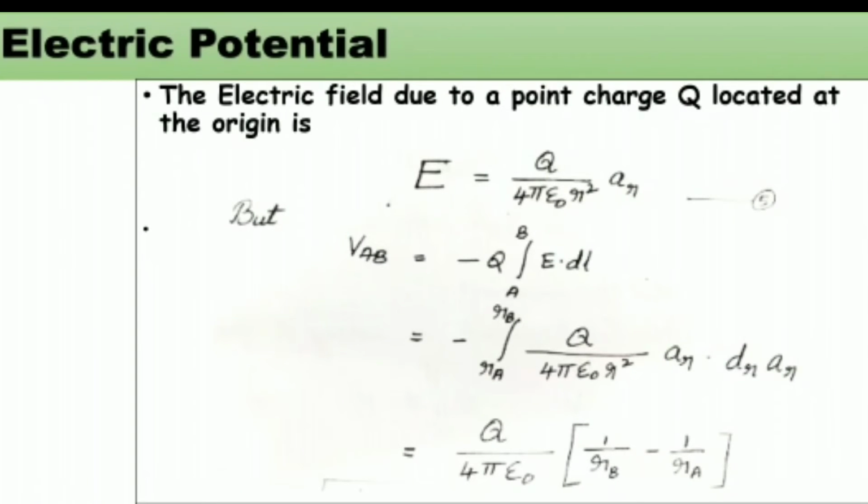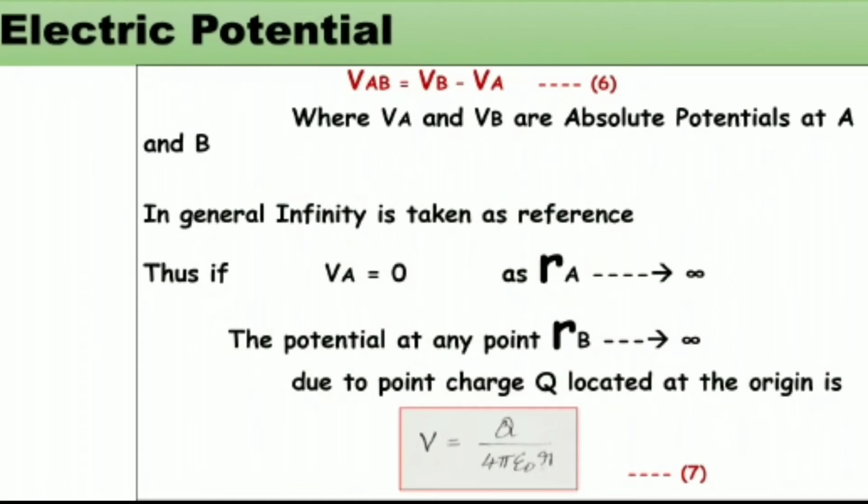Therefore, it can be written as Q divided by 4 pi epsilon naught into 1 divided by RB minus 1 divided by RA. It means VAB is equal to VB minus VA, where VA and VB are called absolute potentials at point A and point B. Up to here we have defined what is potential difference in terms of absolute potential.